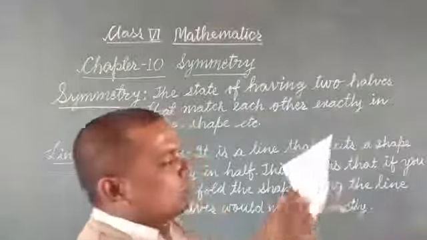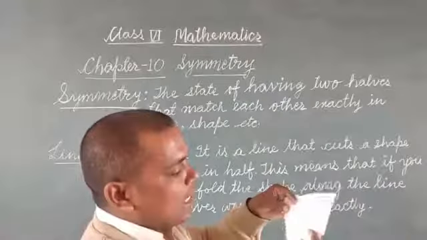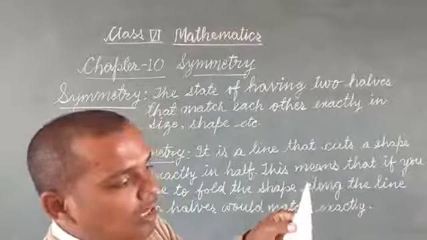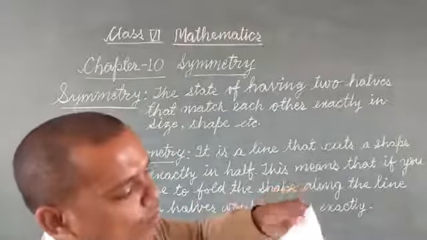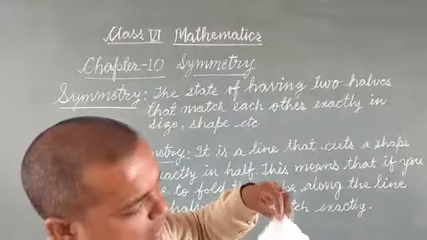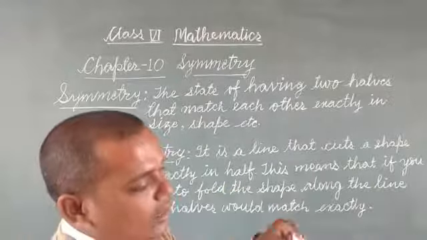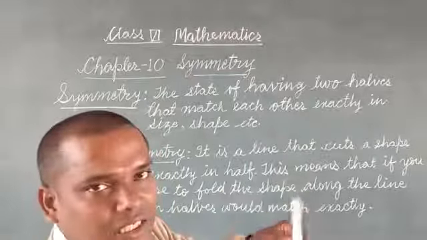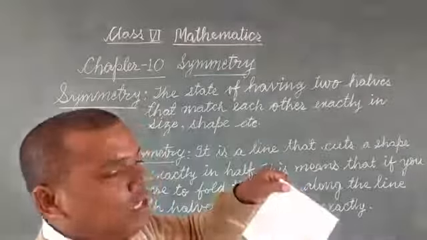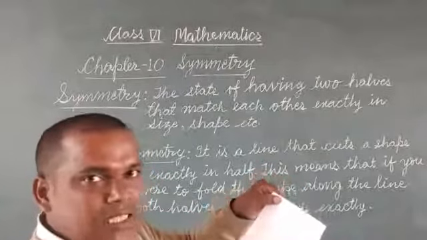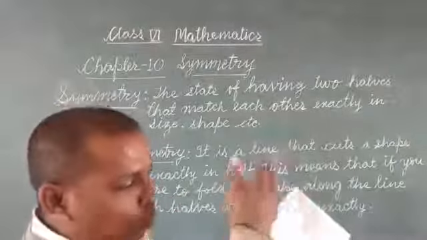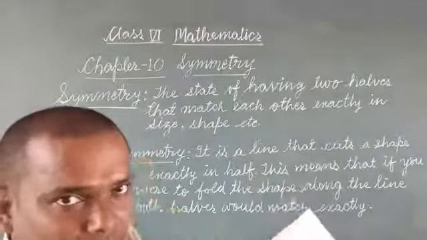So a crease which is formed along the diagonal, this crease is called the line of symmetry. Since we are opening this one and closing, this half and this half match exactly with each other. So this will be the line of symmetry. Means in case of a square, we are getting one line of symmetry along the diagonal.